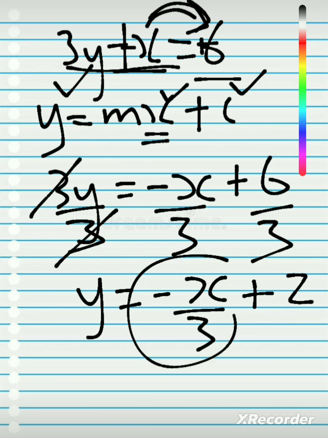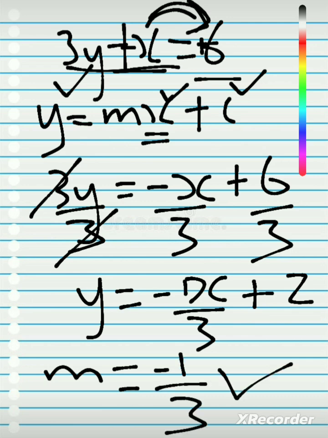So what's the gradient of this? The gradient is the coefficient of x. It's negative, the invisible 1 here, over 3. That's the coefficient of x, and that's the gradient of the line 3y plus x equals 6.